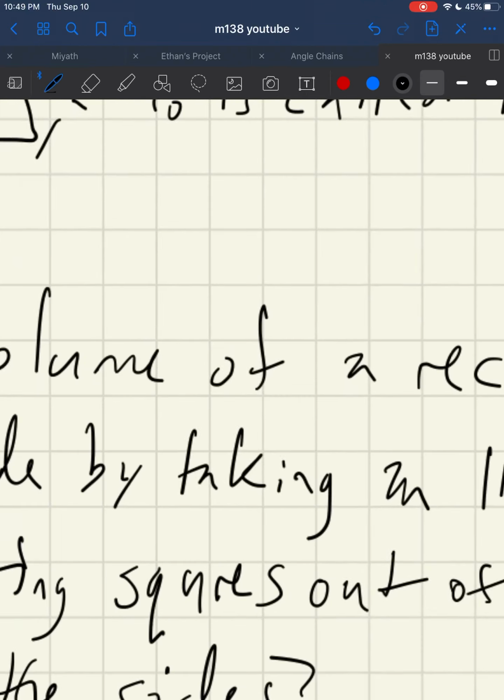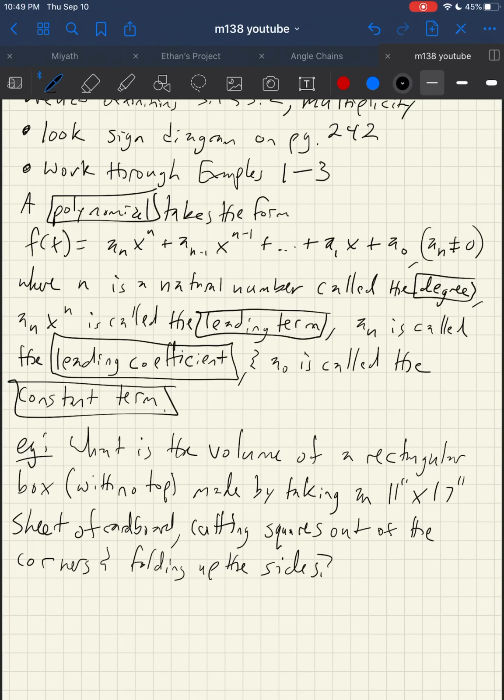Now, if I was really asking this question of you, I would describe it a little bit better. I'm describing this rather quickly because I'm going to give you a diagram.